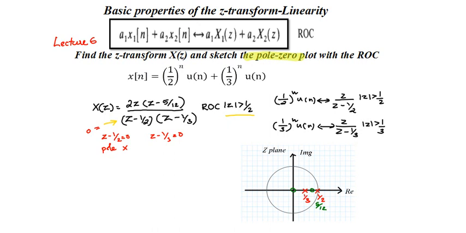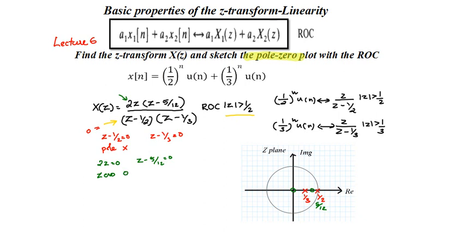And similarly you can equate the numerator, okay, numerator equal to 0. So you will get 2z equal to 0 and z minus 5 by 12 is equal to 0. So these are known as zeros, okay, and we will indicate a zero by a small circle.